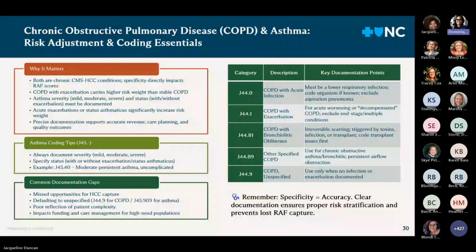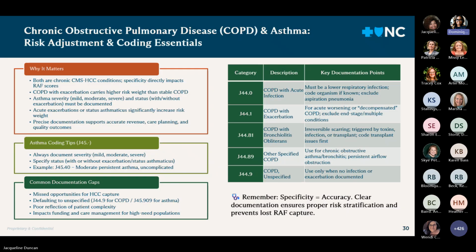Asthma requires documentation of severity, mild, moderate, or severe, and whether the patient is experiencing an exacerbation or status asthmaticus. Using nonspecific codes like J45.909 or J44.9 for unspecified asthma or COPD results in lost risk capture, inaccurate RAF scores, and incomplete clinical representation.